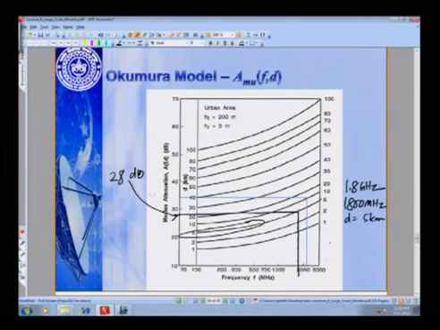So, that A mu of f, d at 1.8 gigahertz and 5 kilometers is roughly about 28 dB.